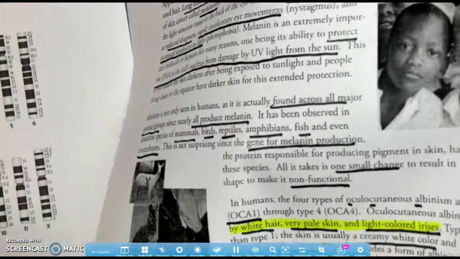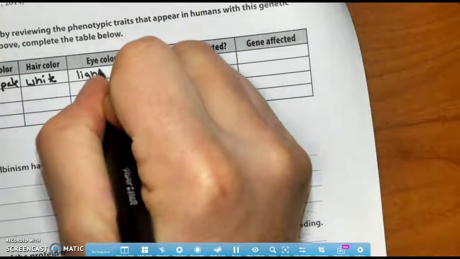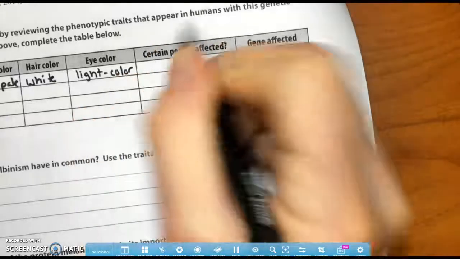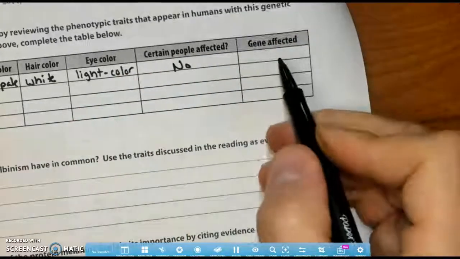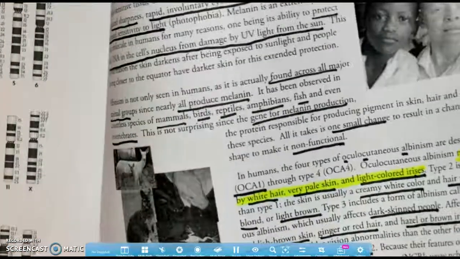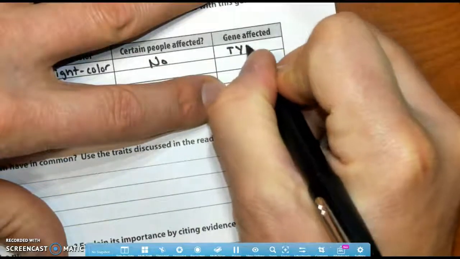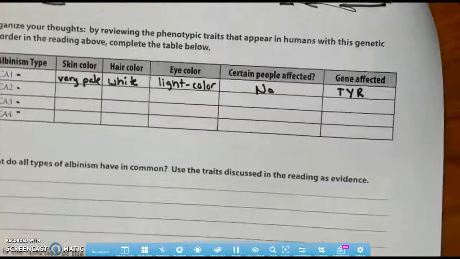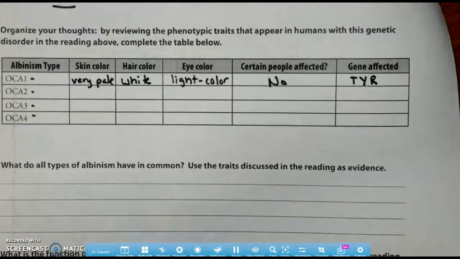Eye color, looks like eye color was light colored irises. So eye color, light colored. Didn't affect certain people. It can affect anybody. And the gene that was affected was, looks like the TYR gene. Gene affected, TYR. Take a moment, complete the rest of this chart, and then answer the questions at the end of this video.